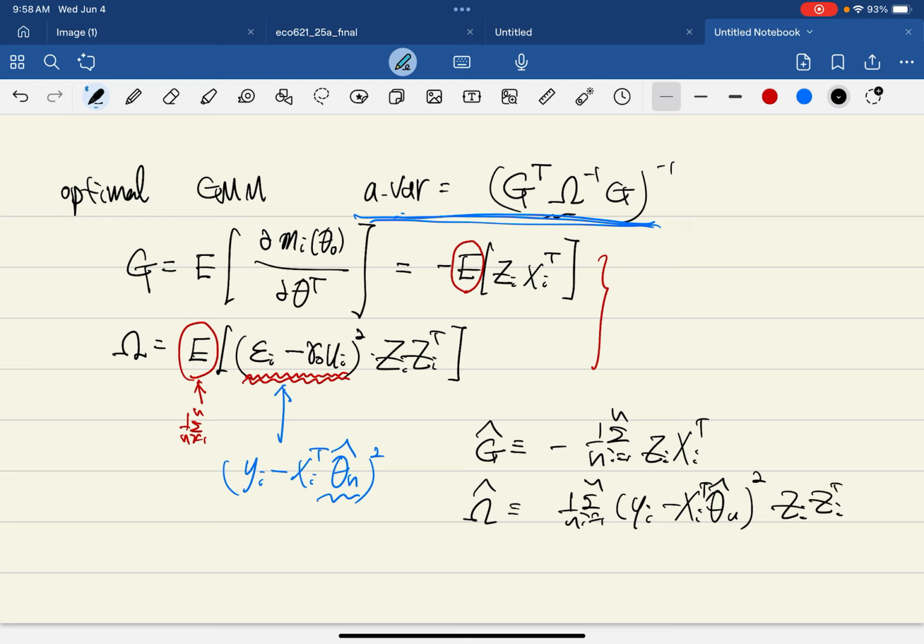Then you can calculate that. It's all about data and your estimator. It's your data, and this is your estimator, which you already calculated, and then just summation. So you can calculate everything here, and then calculate G hat transpose omega hat inverse G hat, and their total inverse will estimate your asymptotic variance.